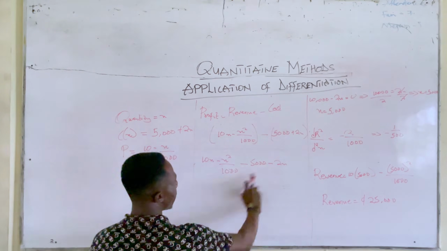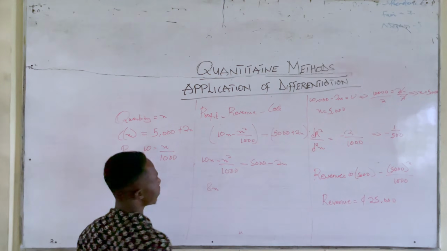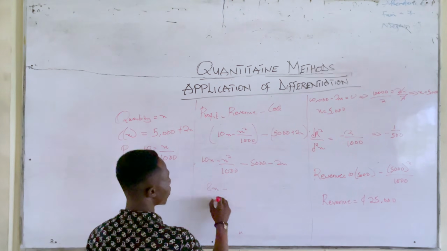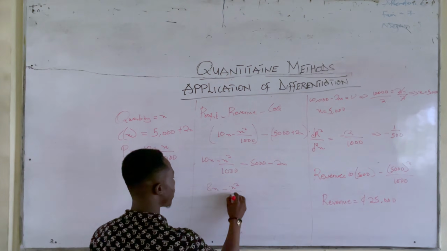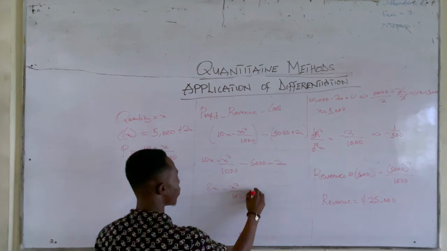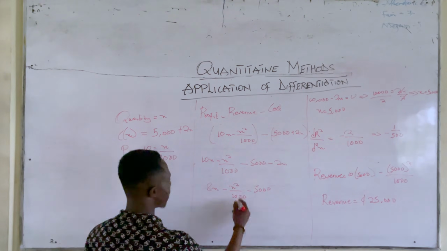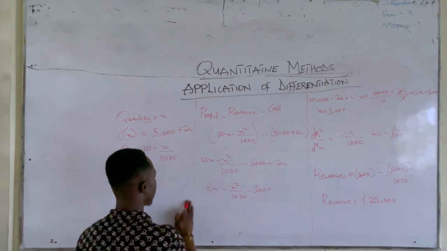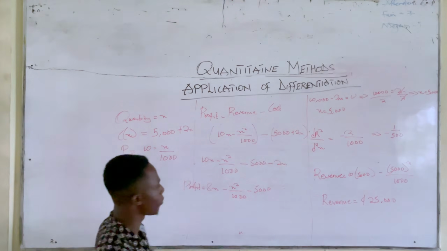So 10x minus 2x is what? 8x. Minus x squared over 1,000 minus 5,000. So this is our profit function, right?